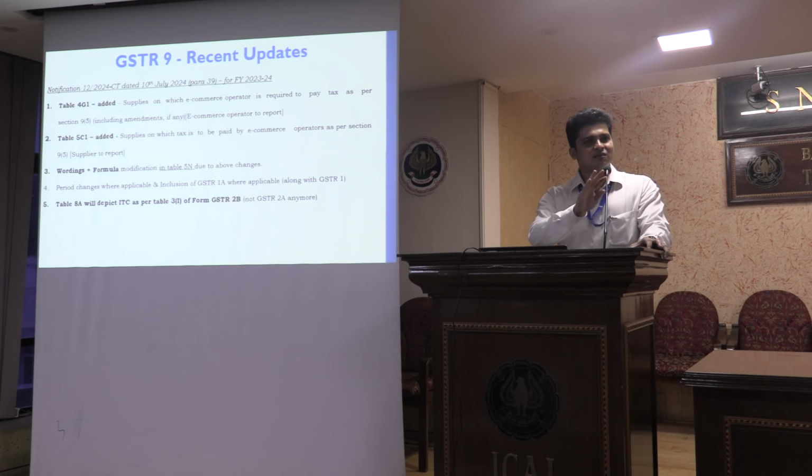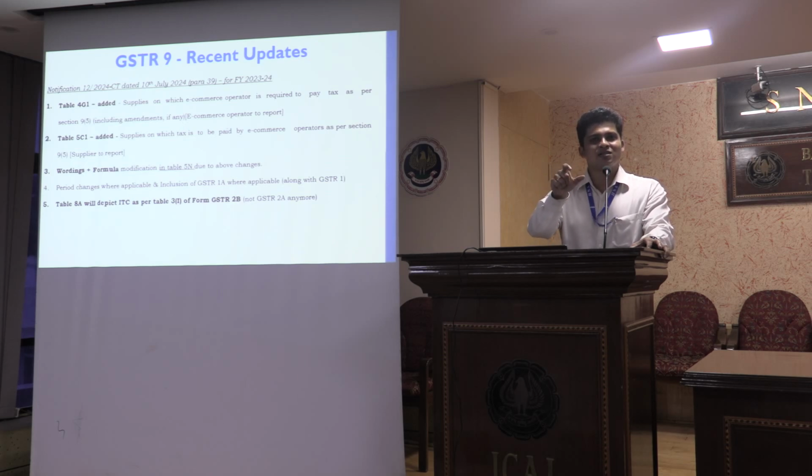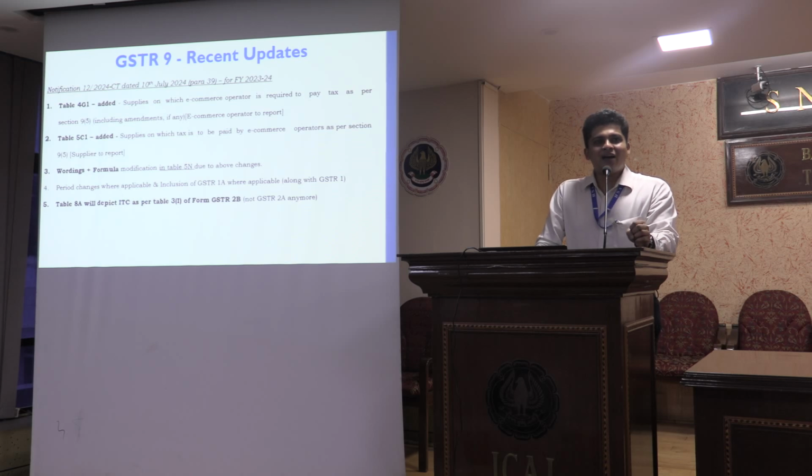Your credit ledger will not be touched and there will not be any impact on your credit ledger directly based on lapsed credit that you show in Table 8. So based on this press release and based on the fact that this Table 8, 2A and 3B matching was not mandated and there was ambiguity, there was a lack of interest in filling Table 8.